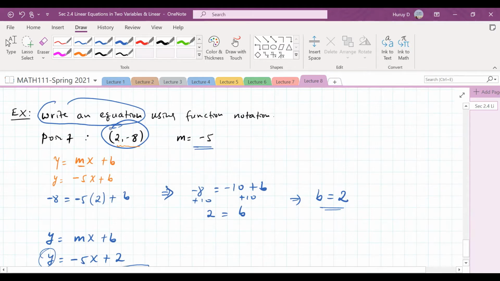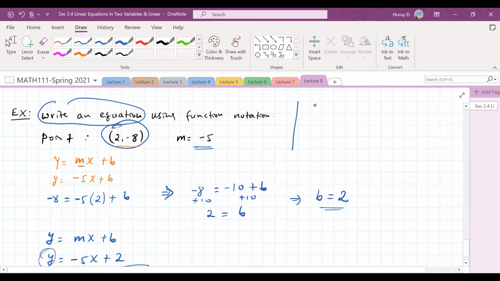Okay, so given any point and a slope, we can find the equation. Again, another possibility is given 2 points.